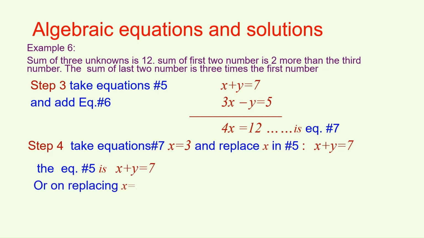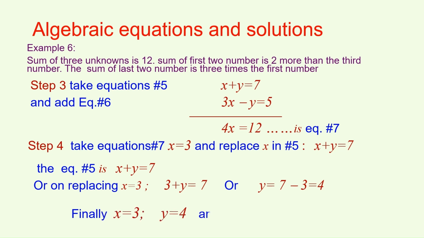On replacing x equals 3, 3 plus y equals 7, or y equals 7 minus 3, which is 4. Finally, x equals 3, y equals 4 and z equals 5.